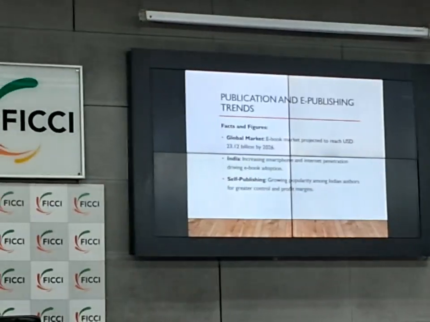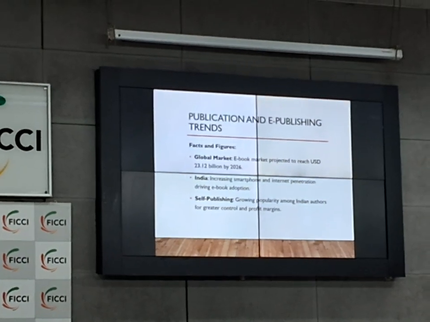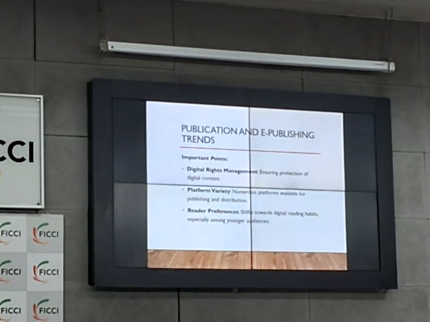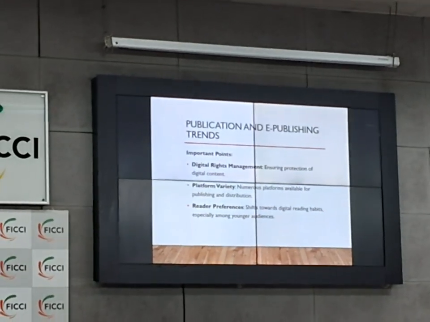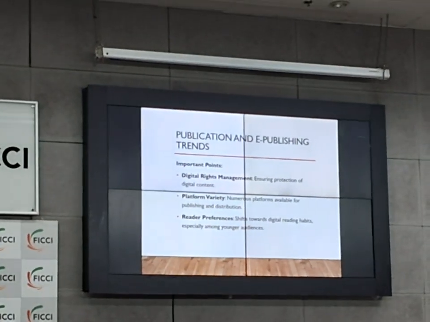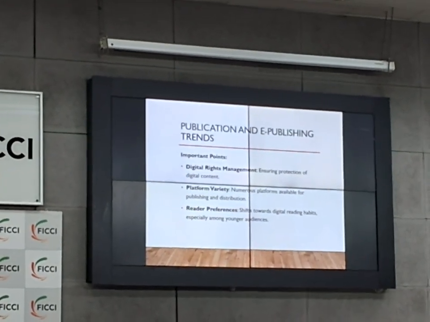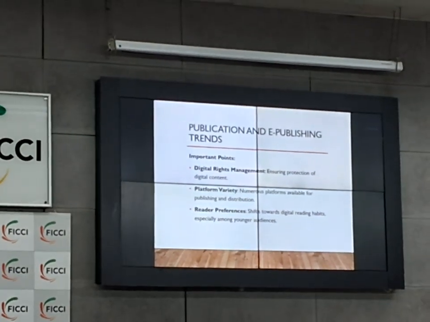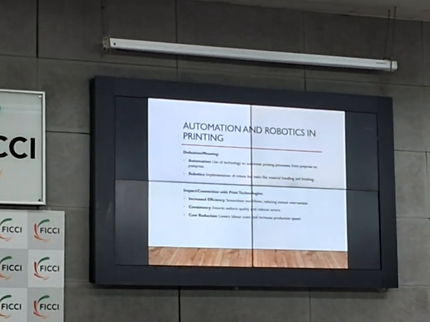And self-publishing, you can also use this self-publishing process once it is coming to the electronic media. And some important points are digital rights management, platform variety and readers' preference. So this has to be taken into consideration when we are considering e-publishing. Next.